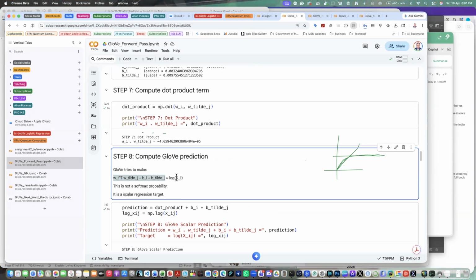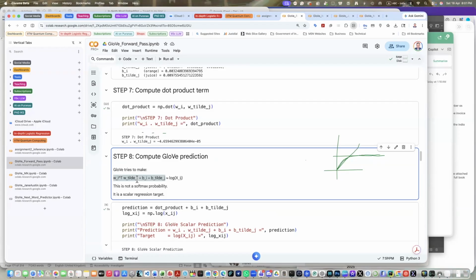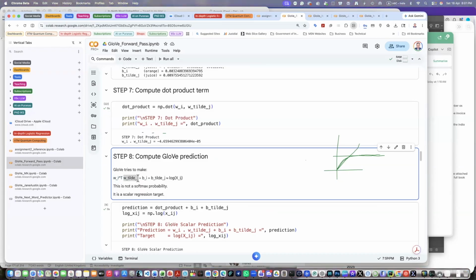That is the co-occurrence for a particular pair of words, like here i is orange and j is juice. Right now, I've taken all the wi's at random. From them I can pick out the wi for orange and the w tilde j for juice, and I can multiply them. I have shown you this here, and I get a number.